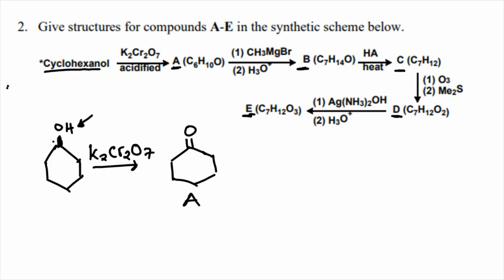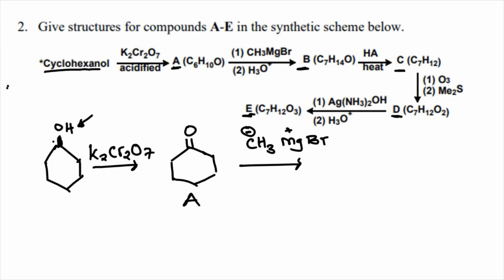And then this compound was treated with a Grignard reagent. So this Grignard reagent is CH3MgBr. Now we know that the Grignard reagent, the carbon that is attached to the magnesium, is negatively charged and the magnesium is positively charged.